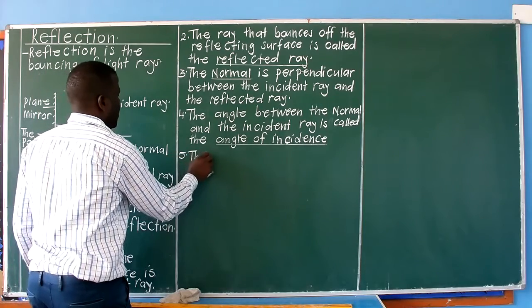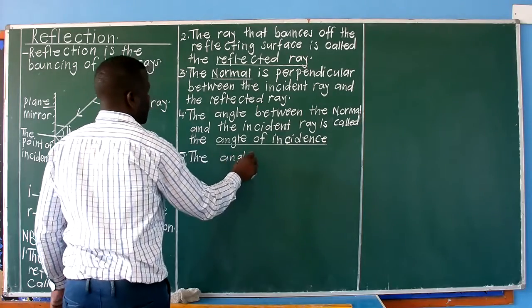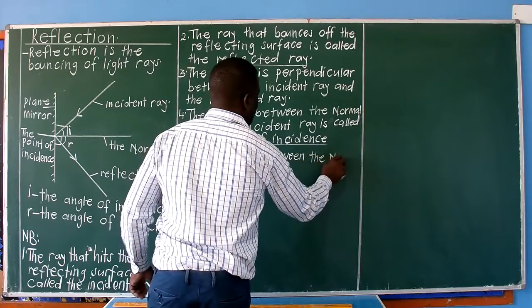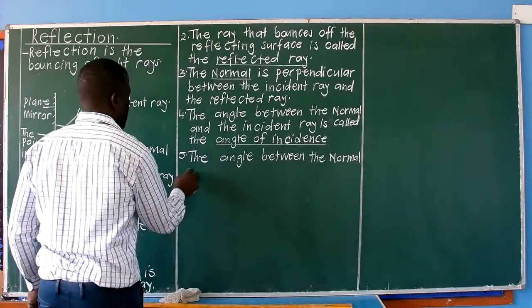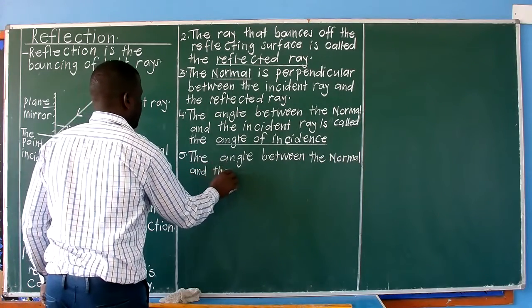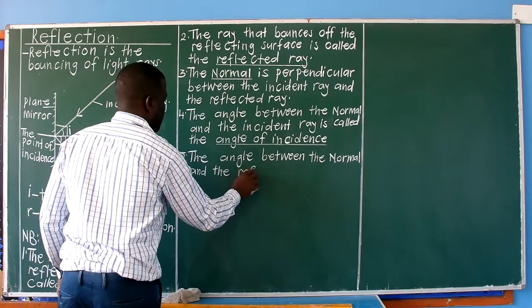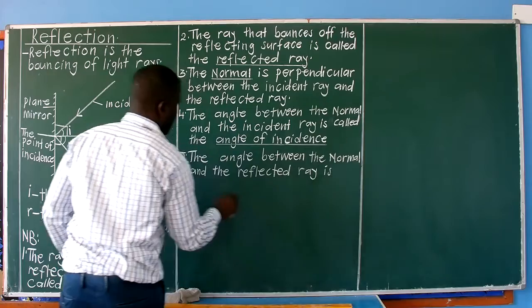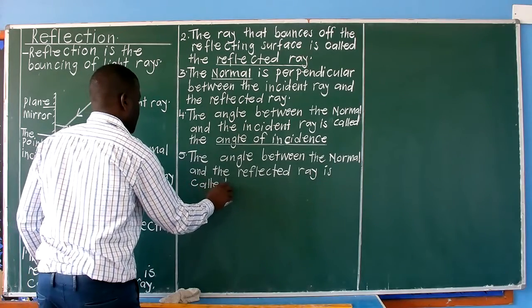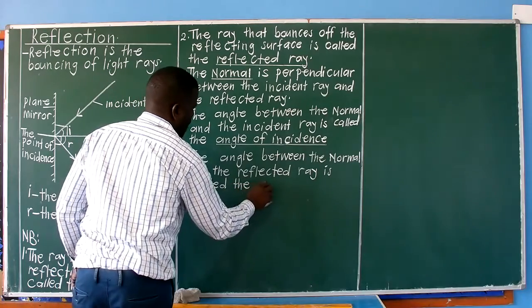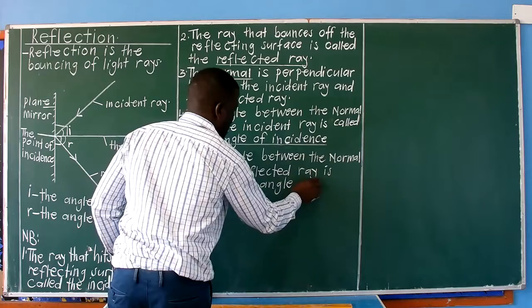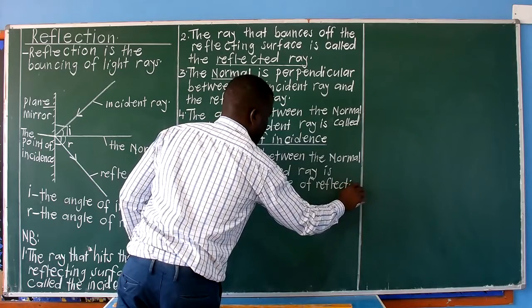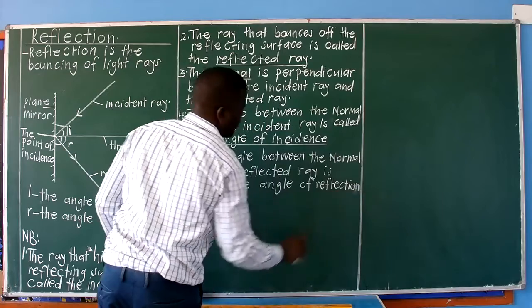Then the angle between the normal and the reflected ray is called the angle of reflection.